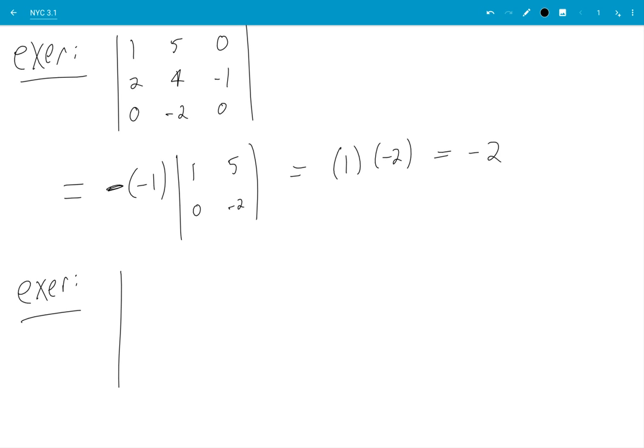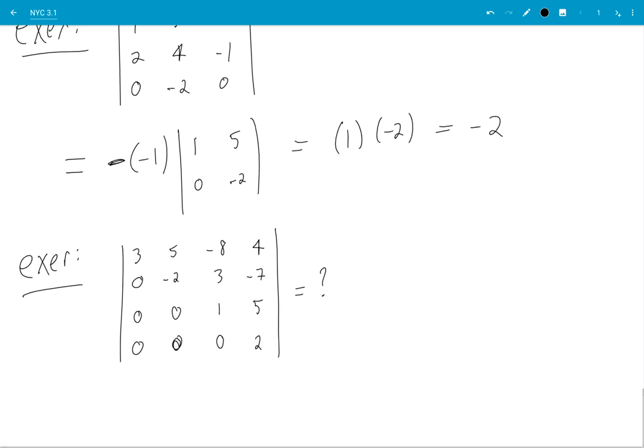Exercise. Let's try a 4x4. Let me see. You know what?